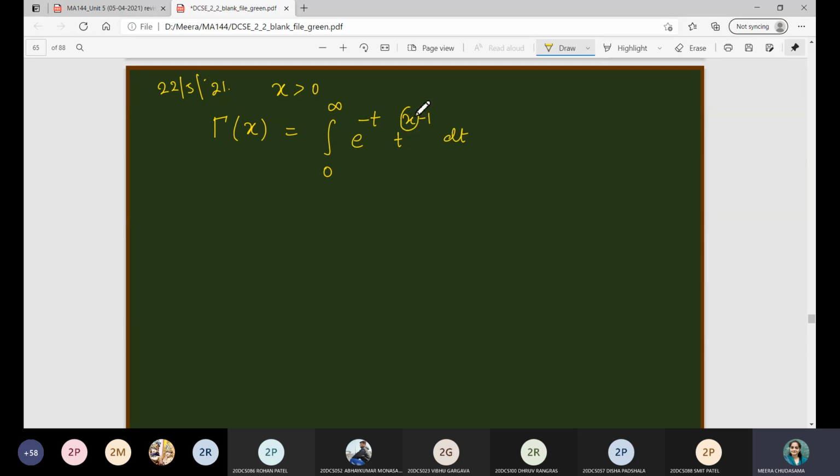Here you have to concentrate on e raised to minus t being there in the integrand, and the coefficient of t is 1. Then the variable t is raised to x minus 1, so that x is nothing but the argument of the gamma function. That is what we have seen.